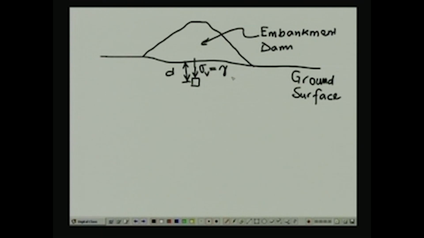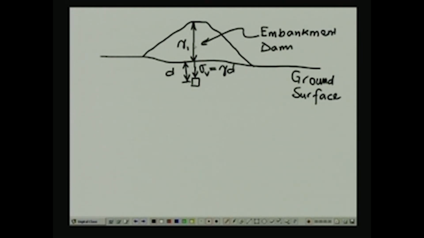So, if you consider the unit weight of the soil column to be gamma and the depth from the ground surface, before the embankment dam was constructed, that was gamma d. Then after the dam is constructed, roughly you will also have to include the weight because of the material used in dam construction as well.